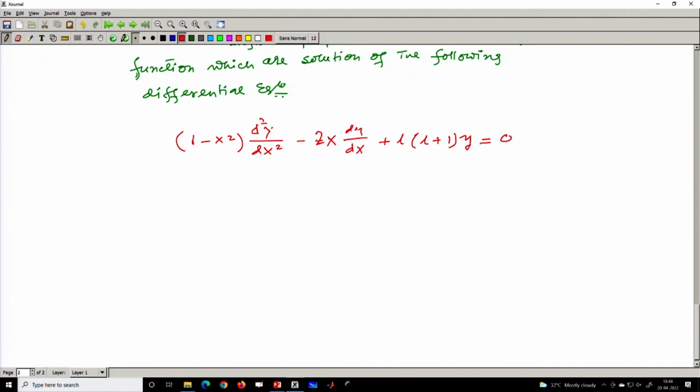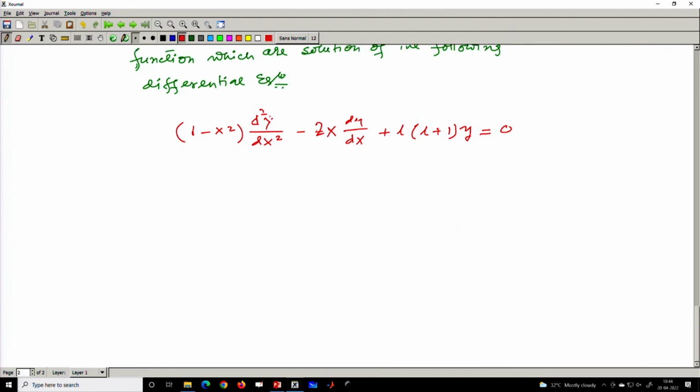This is a very famous differential equation. In many branches of physics you are going to encounter this equation, and the solution here, y as a function of x, we write like P_L(x). These are the set of solutions.